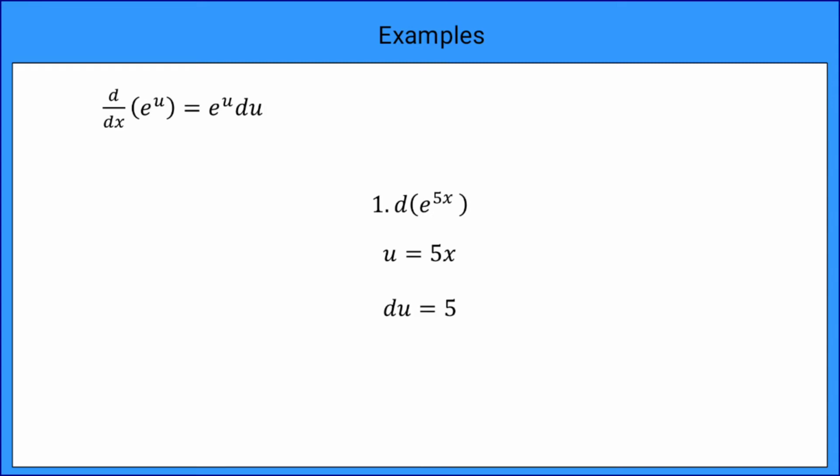Let us apply it to our rule, e raised to u du, and we get e raised to 5x times 5. 5 is our du. And we're just going to organize this: the constant 5 we write at the beginning before our e. So our final answer is 5e raised to 5x.